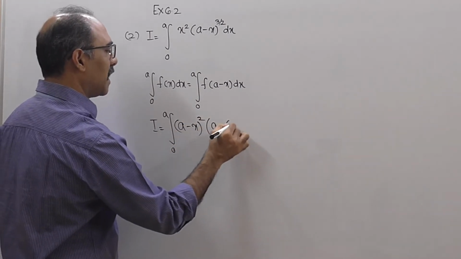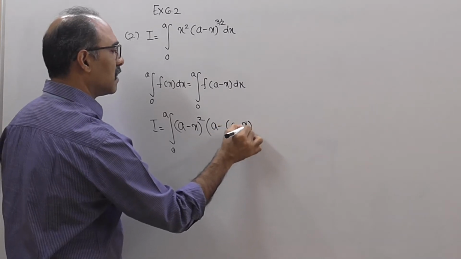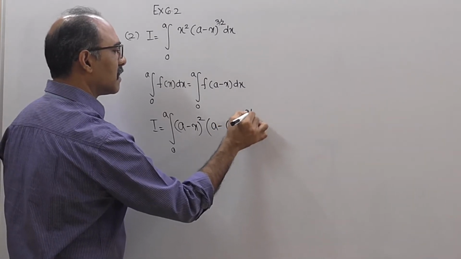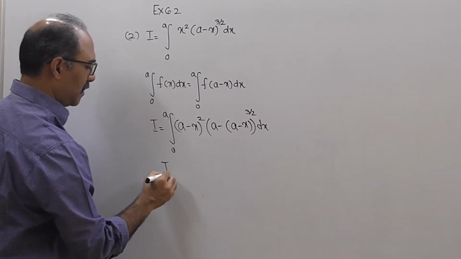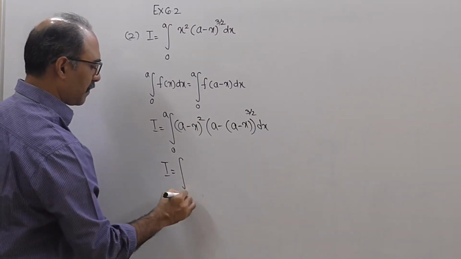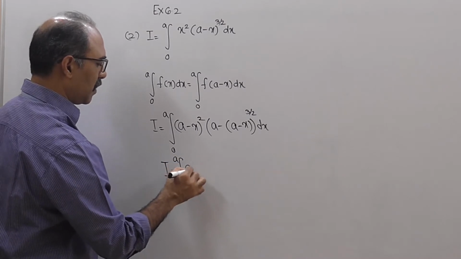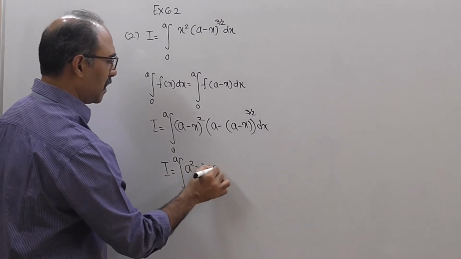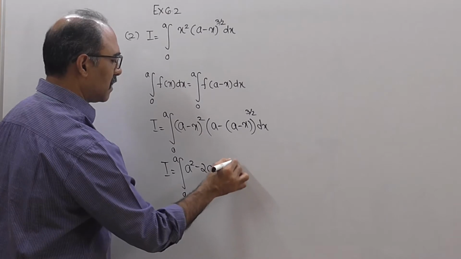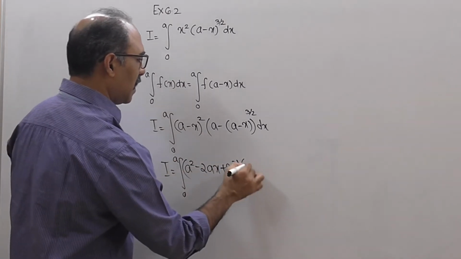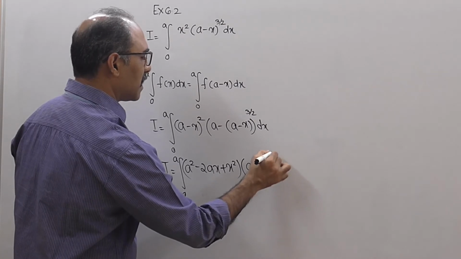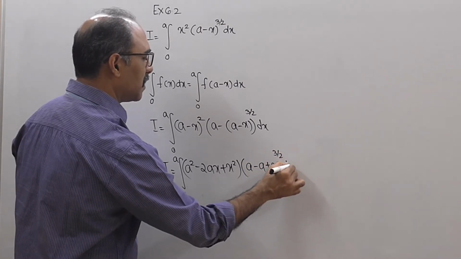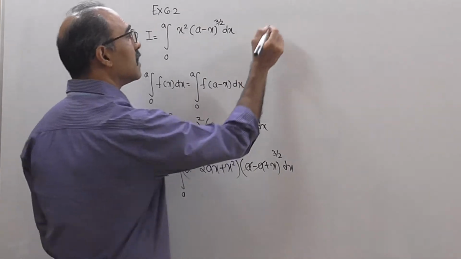This is a minus x the whole power 3 by 2 dx. That means we get I equal to integration 0 to a, this is a square minus 2ax plus x square, and if you open up this you get a minus a plus x raised to 3 by 2, minus a plus a cancels.